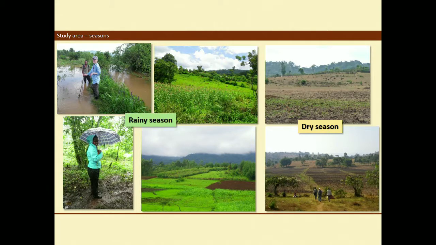In the rainy season, most herbs are flowering, and also the annual crops are flowering during the rainy season or at the end of it, whereas most trees and perennial crops like coffee and fruit trees are flowering during the dry season. These trees and fruit trees are more patchy resources in the landscape, whereas the annual crops and the herbs are more evenly distributed over the landscape.